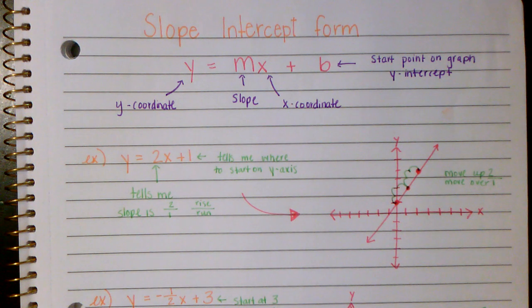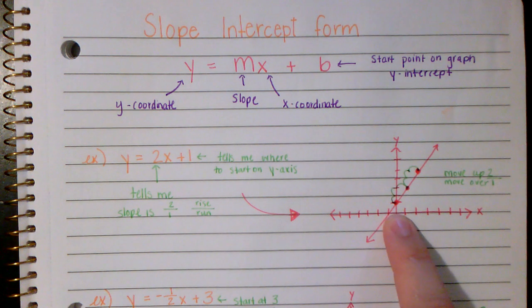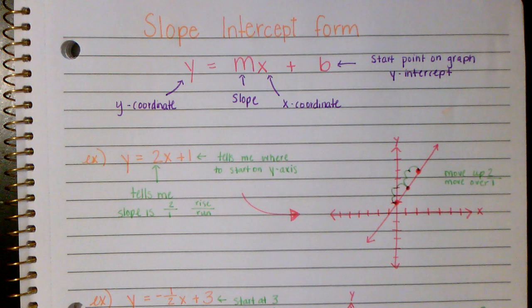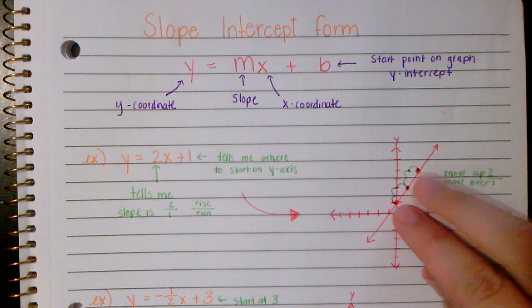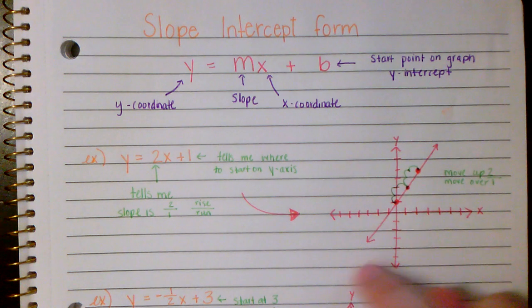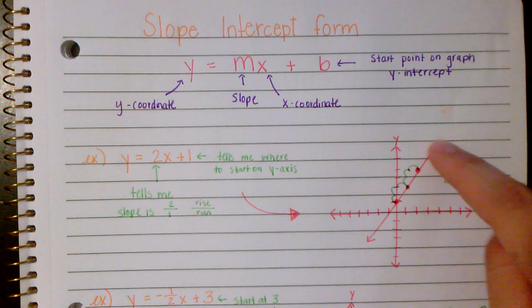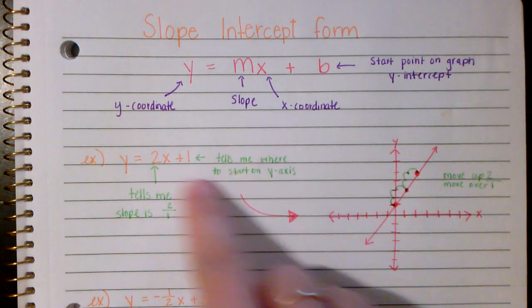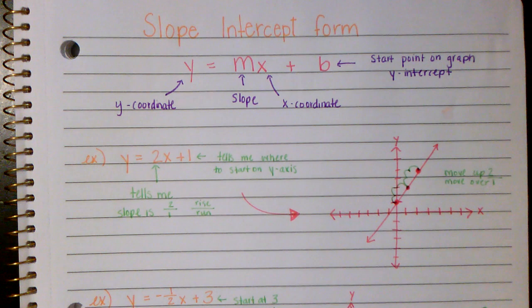Now, from yesterday, I could have given you the points (0, 1) and (1, 3) and said find the slope. You could have found the slope, plotted those points, used the slope you just found, made your line, and made this equation from all of that. So there's different ways that this information can be given to you.